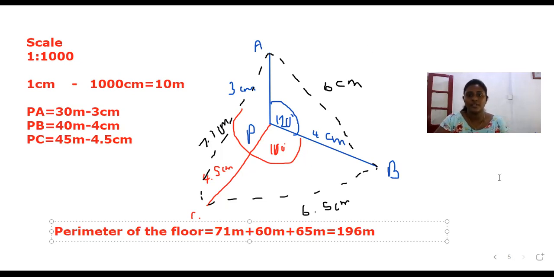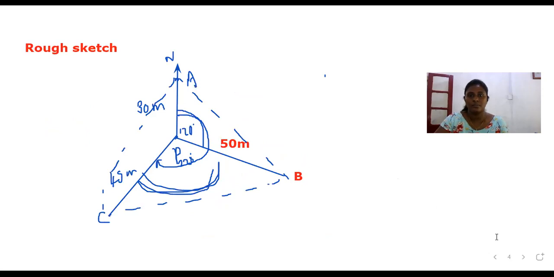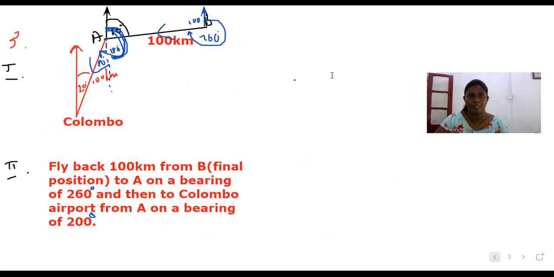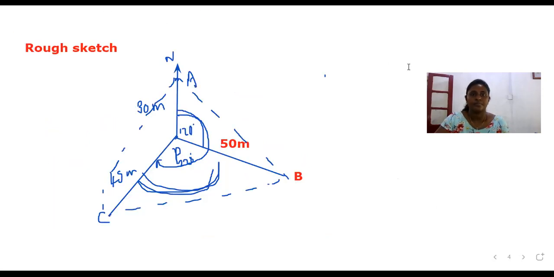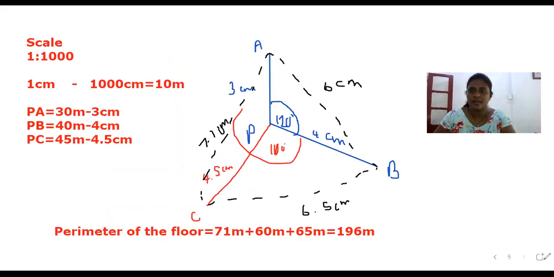Hope all of you are clear about example 1. This is example 1 under the heading 27.3, scale diagrams in a horizontal plane. Now let's move to the second example. We'll do another example, which is on page number 88.